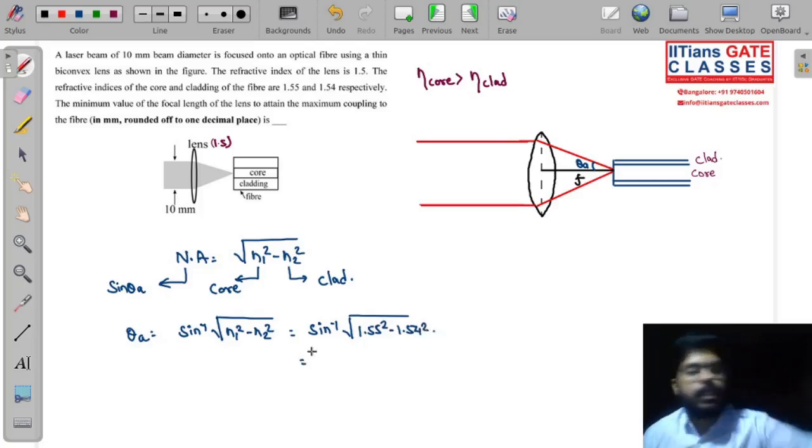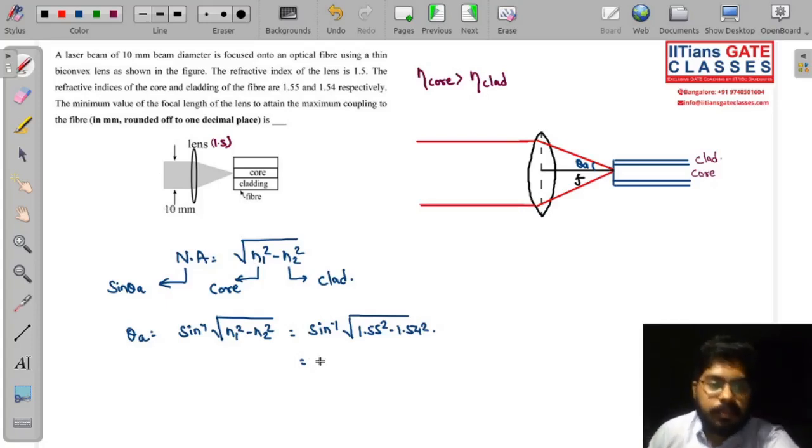If we put this in the calculator, it comes out to be 10.12 degrees. So this angle is 10.12 degrees.